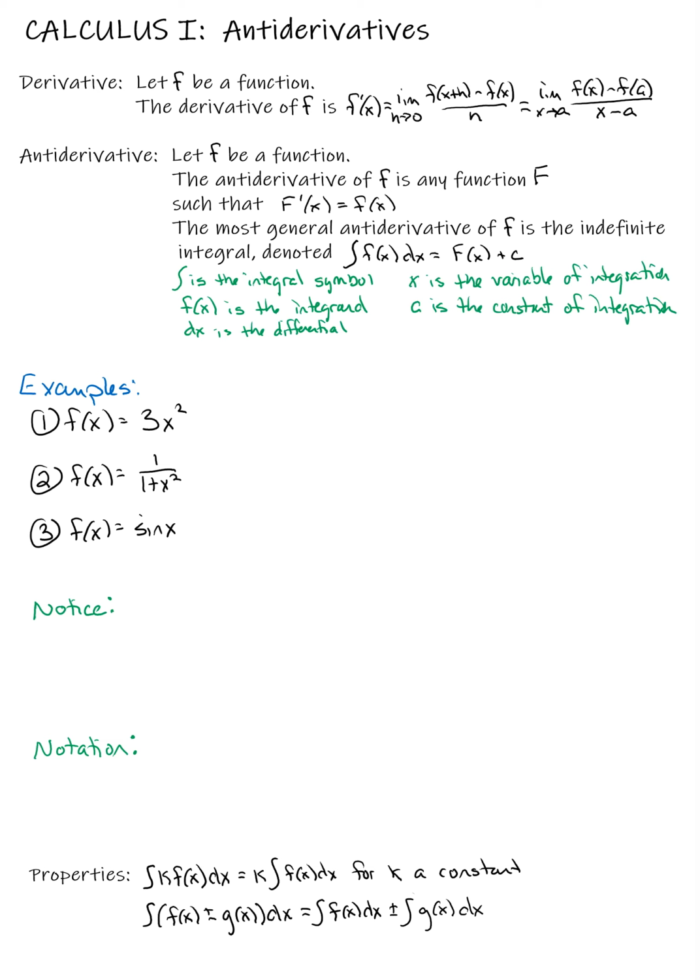Let's take a look at some examples. Example 1, we have f of x is equal to 3x squared. Now what we're looking for is a function that when we take its derivative, we get 3x squared.